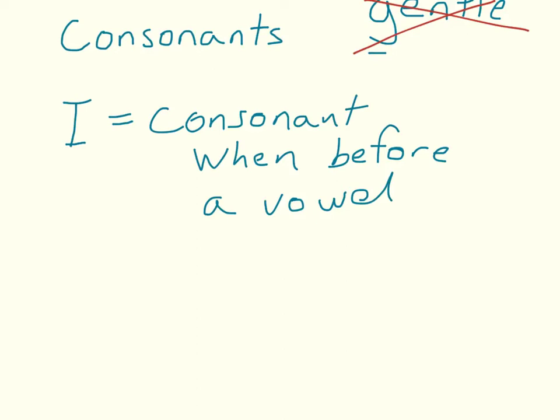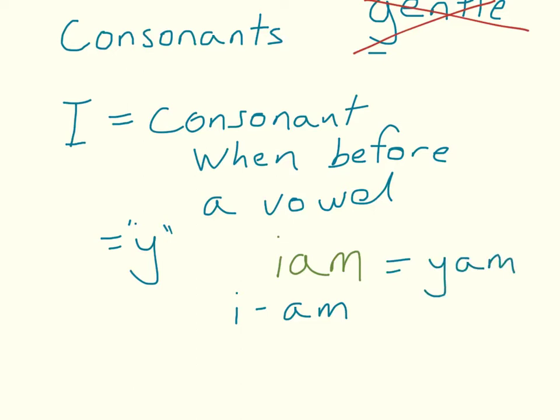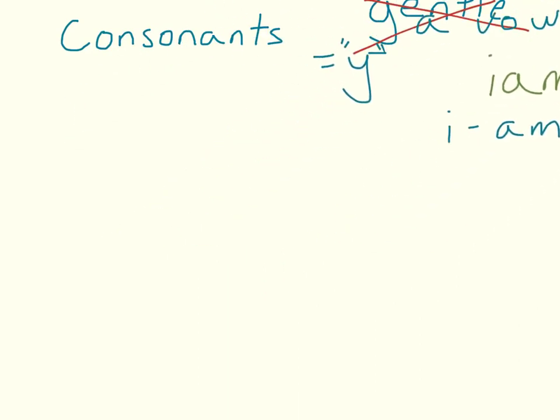So we'll see our Latin word iam. Instead of pronouncing this as two separate syllables, the I and then the am, we're going to pronounce the I kind of like a Y. So the I equals the Y sound, actually, and iam is going to be pronounced like yam, like so.